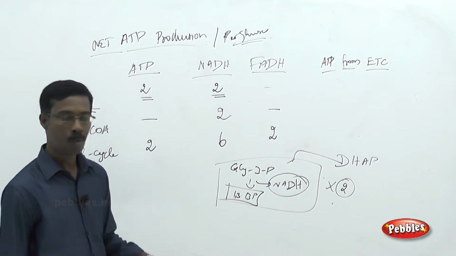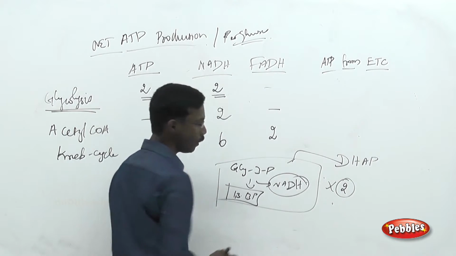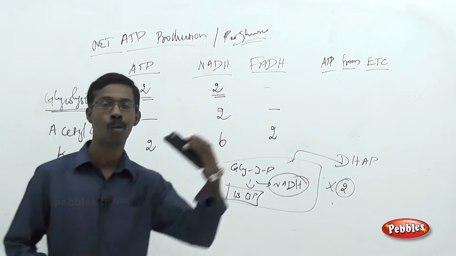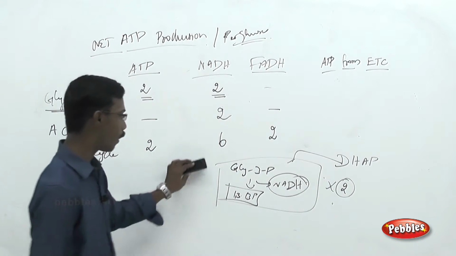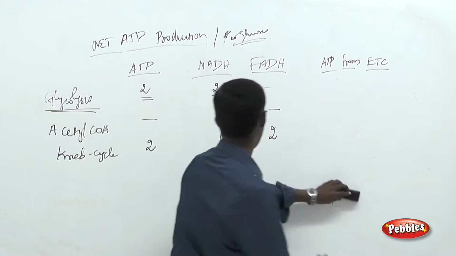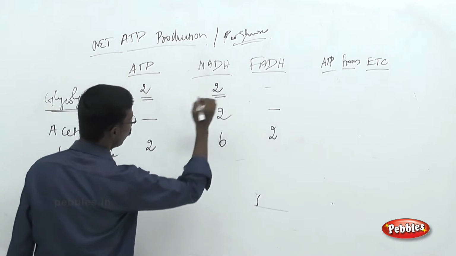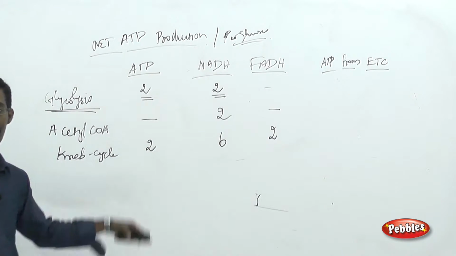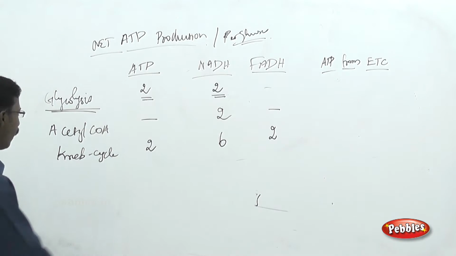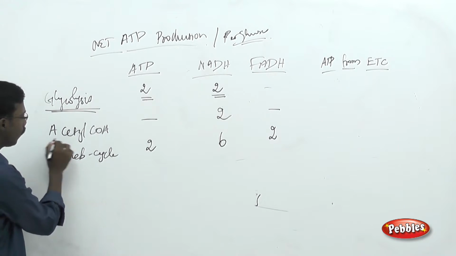But the point you have to remember is that two NADH molecules are synthesized before the pyruvate in the glycolysis. Okay, and till the pyruvate formation we have produced two ATP molecules and two NADH molecules in the glycolysis. And next, pyruvate to the acetyl CoA.